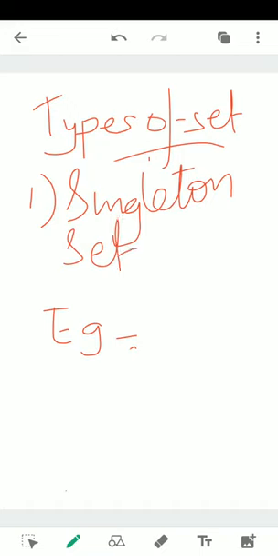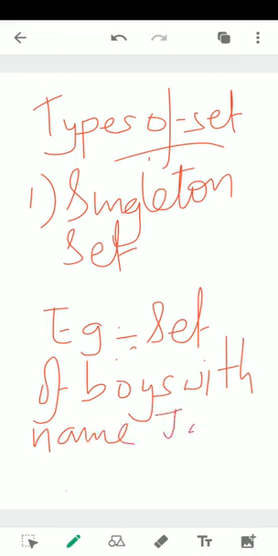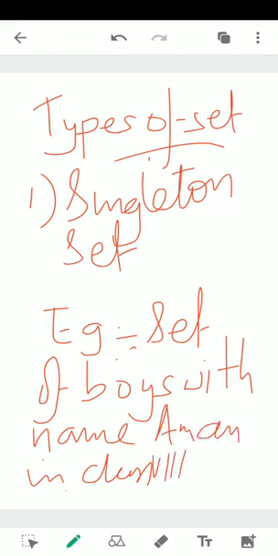So if I consider the example where I write set of boys with name John in class 8. Instead of John, let me just write one of the boys, set of boys with name Aman in class 8A.